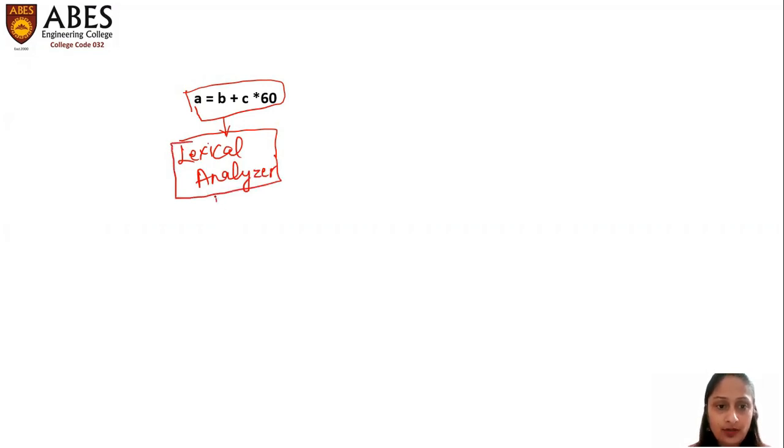The outcome of the lexical analyzer phase is tokens. How does this line of code convert into tokens? First, the lexical analyzer takes it as input and scans the code from left to right and identifies lexemes.